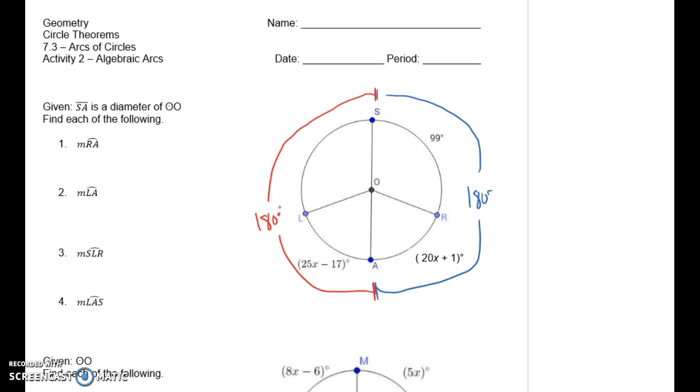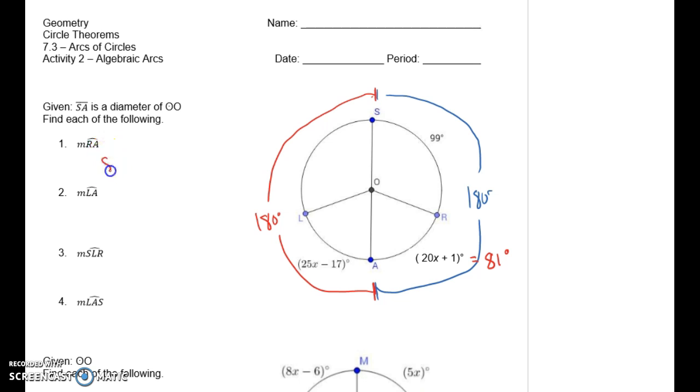What we want to do is find the measurement of RA. To do that, we have to recognize that SA is our diameter, and that there's 180 degrees from this point to this point. So all the arcs that create that semicircle have to add up to 180 degrees. If this is 99, then the leftover is RA, which in this case is 81 degrees. So I can take 20x plus 1, set it equal to 81, and solve for x, and I get 4.